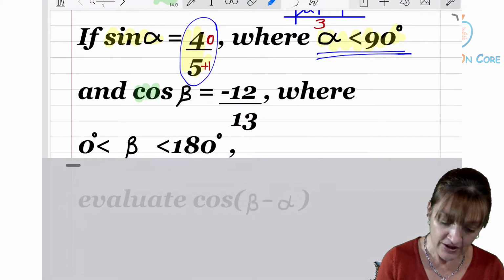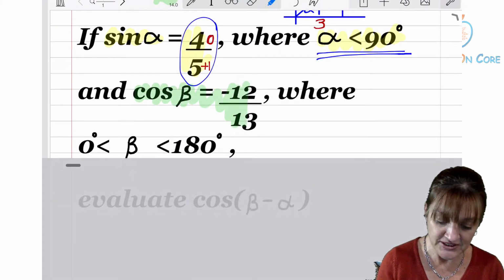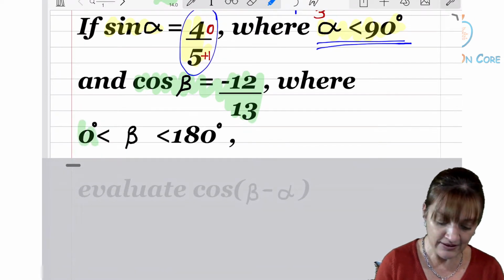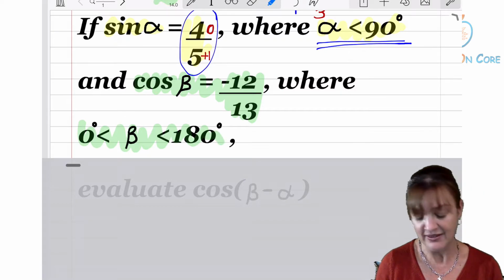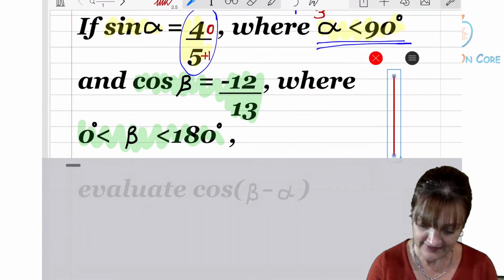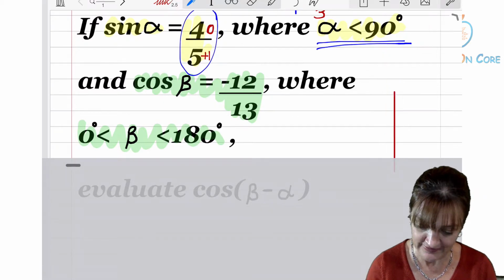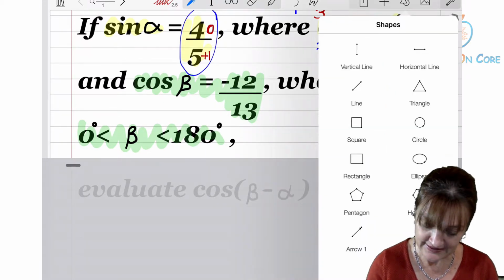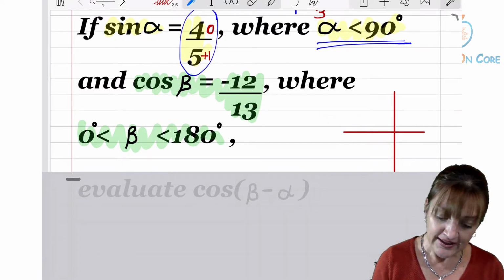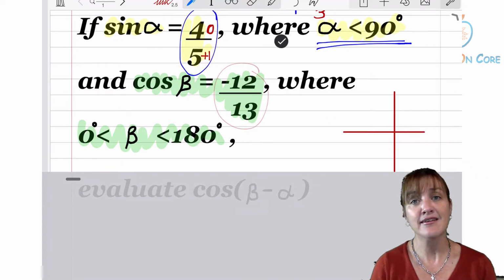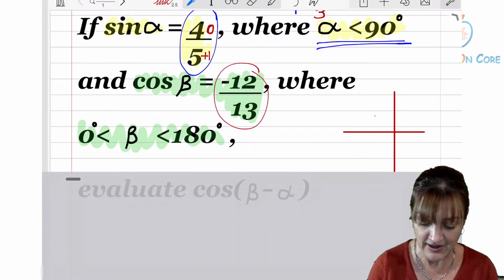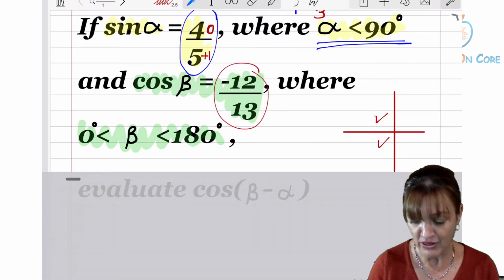We've got a ratio of cos beta, which is now negative 12/13, and angle beta is between 0 and 180. So again, let's give ourselves our x and our y axes, and let's determine which quadrants we're going to be working in here. If cos is a negative ratio, well, cos was negative in my second and my third quadrants.